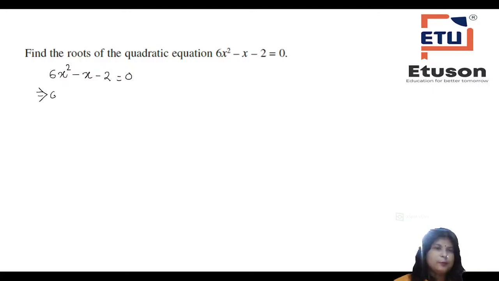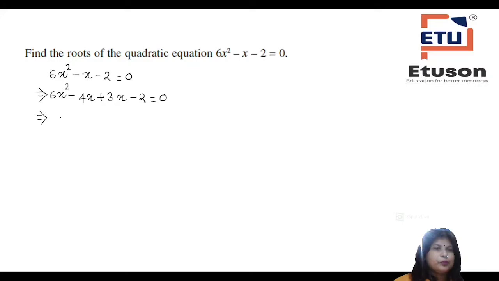So can I just write it down in this form? If I take minus 4x plus 3x minus 2 is equal to 0. So now you see, if you multiply minus 4x and 3x, it is minus 12x square, and if you add them, it is minus x. Correct or not?